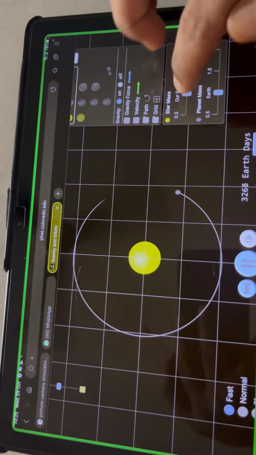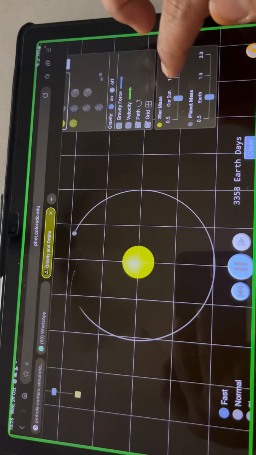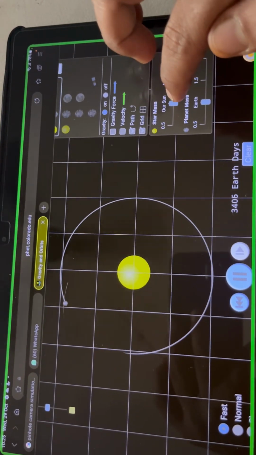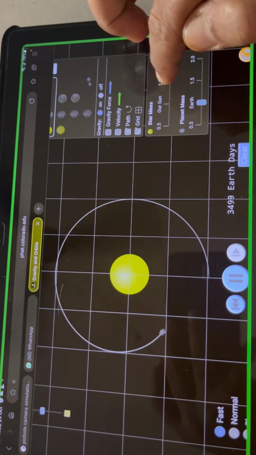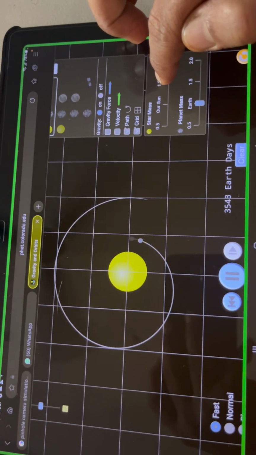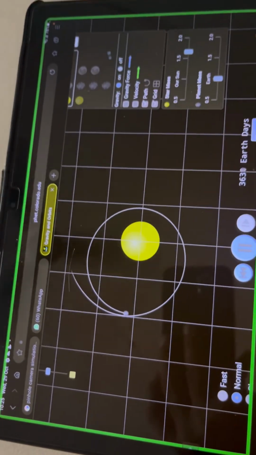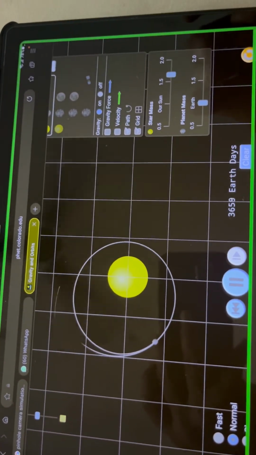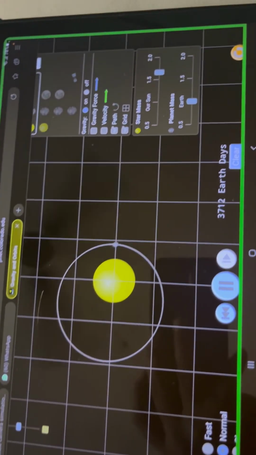Everyone observe the yellow color round ball; that is the sun. Now the mass of the sun is increasing. What will happen to the moon? It will come nearer, right? Yes, sir. Why? If I am increasing the size of the sun, the gravity is increasing.